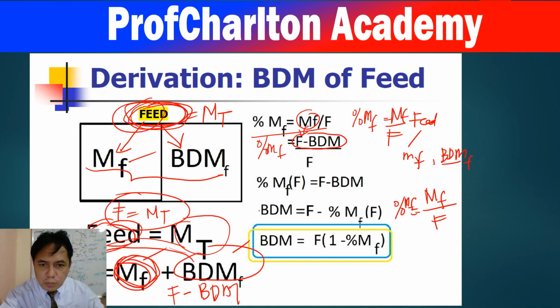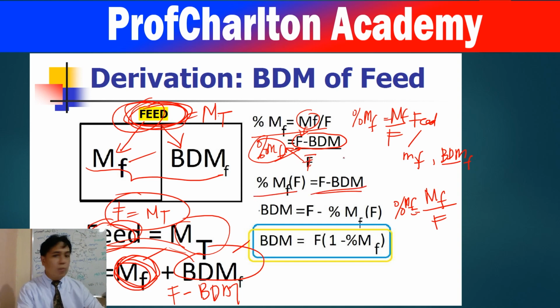When we have this expression of percent MF, we just have to cross multiply now. We cross multiply this and this. The denominator is only one, so it will retain F minus BDM. This one is F times percent MF, so percent MF times F. Now we have this equation of percent MF times F, then F minus BDM.